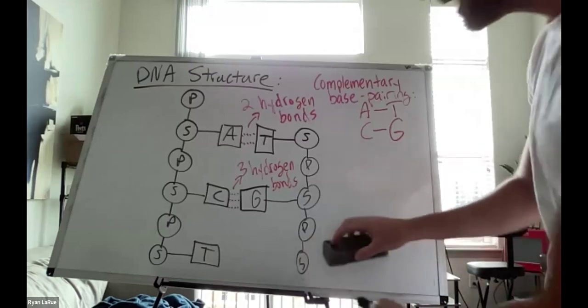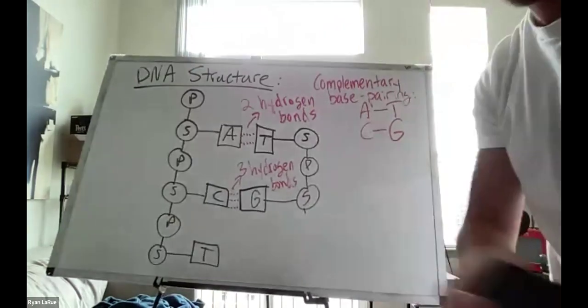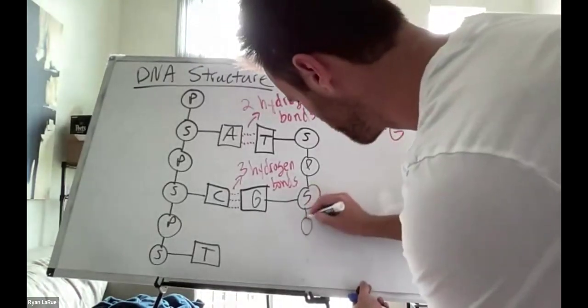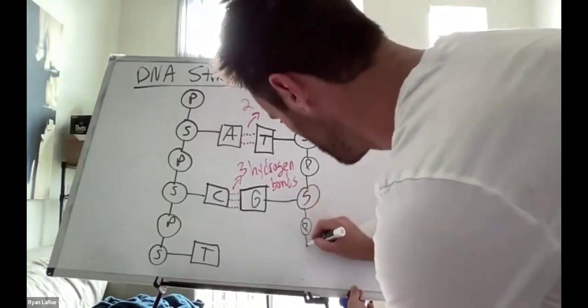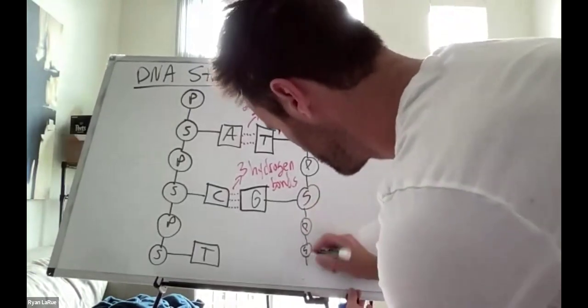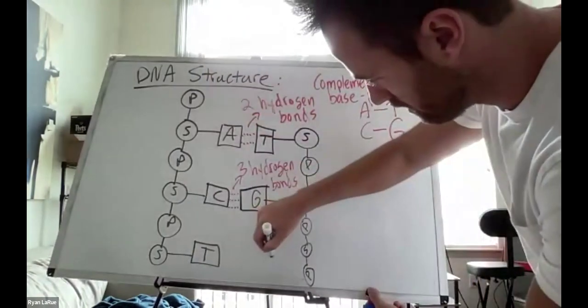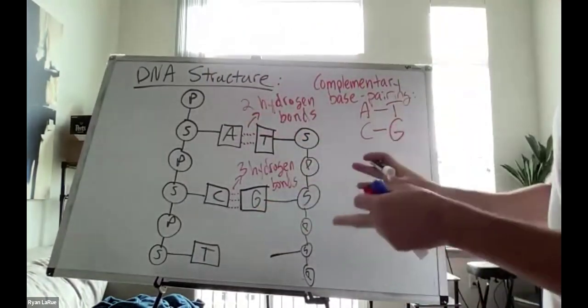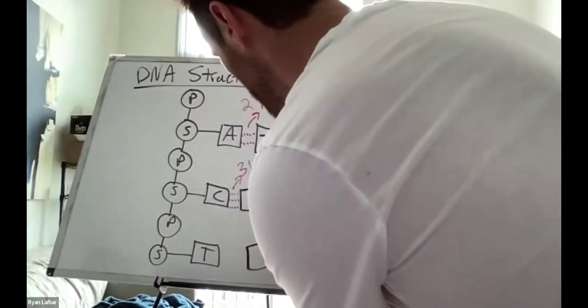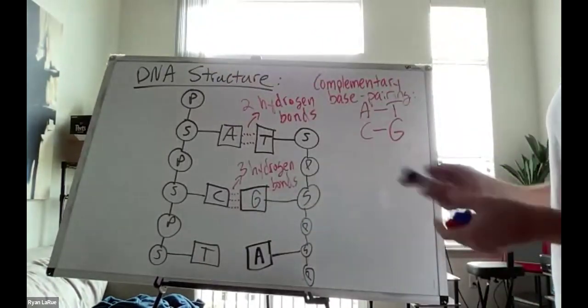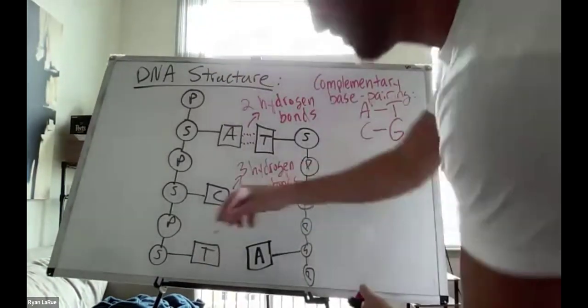It needs its phosphate. So I'm going to redraw that a little smaller: phosphate, sugar, phosphate. And of course, off this sugar, I know this isn't really drawn to scale very well, I apologize, but we've got an A that would connect to our T here. And again, two hydrogen bonds would form.